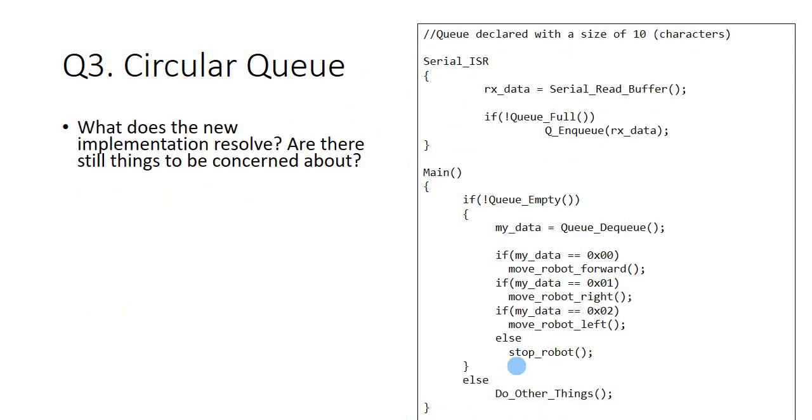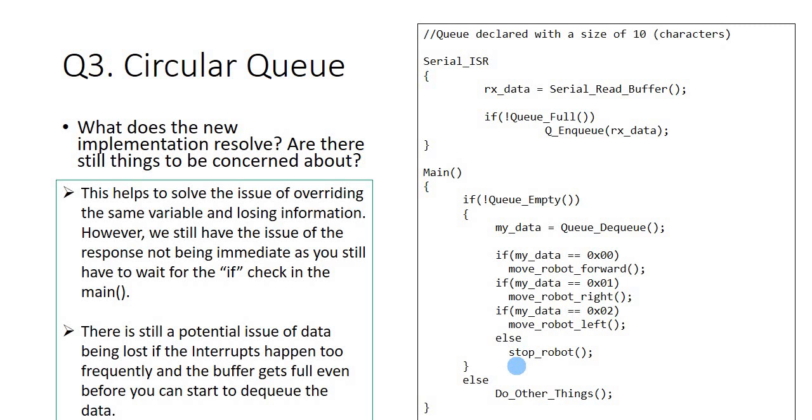And what does it actually solve? Firstly, you solve the issue of overriding data because you have a circular queue, a circular buffer. This circular buffer is basically like an array, so you have a lot of data that you can save, and because of that, you are able to handle multiple interrupts while you are still busy doing other things.